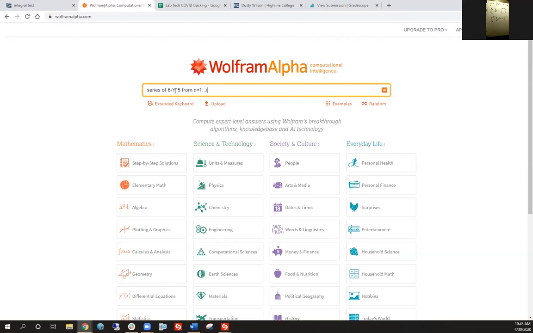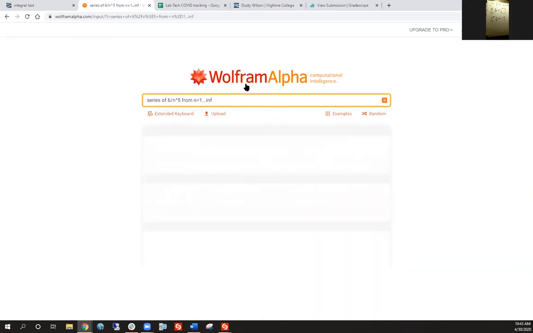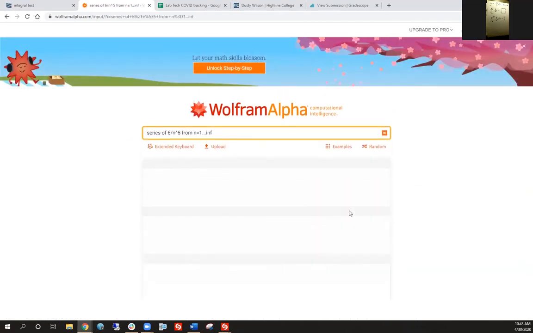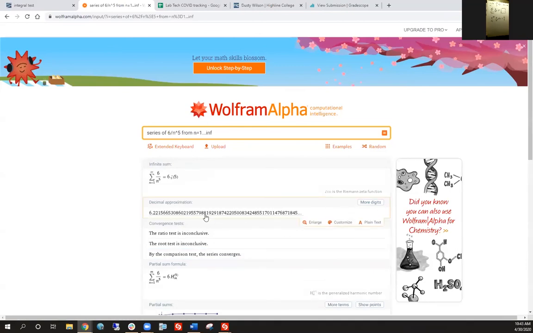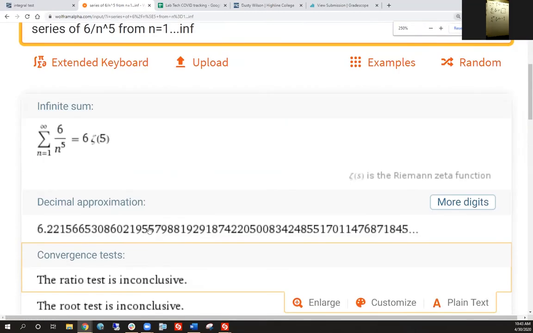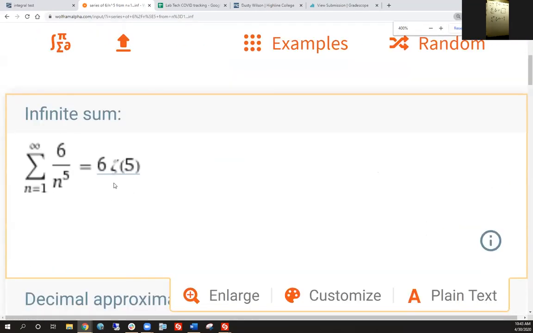Let's see if this works. Yep, I don't know if you can see that, if that's clear. I think this is the Greek letter xi, but I'm not positive.